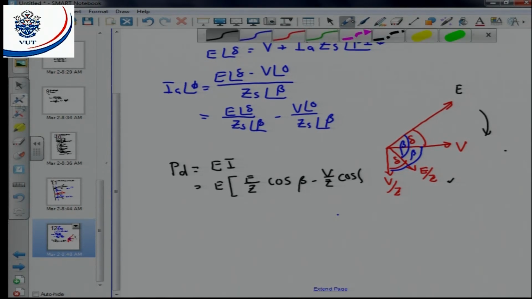So therefore this will become E squared over Z sin beta minus EV over Z sin of beta plus delta.